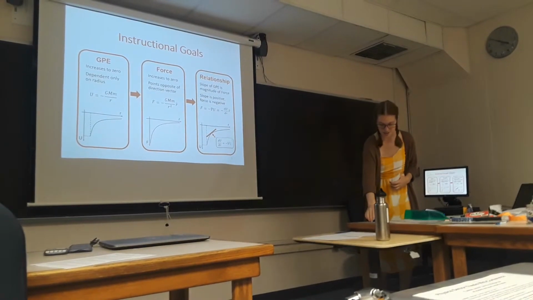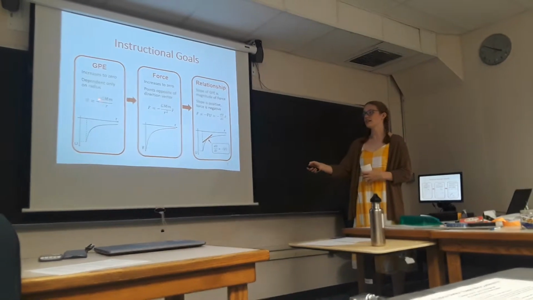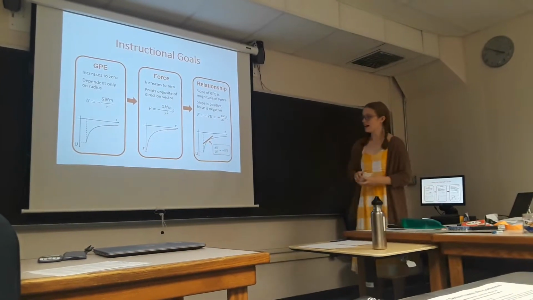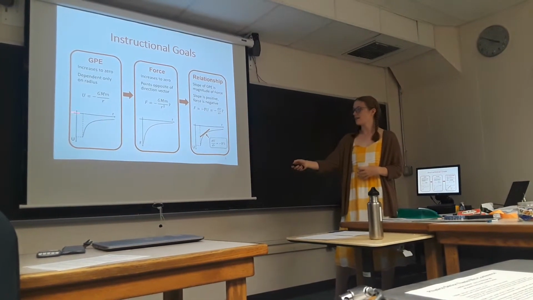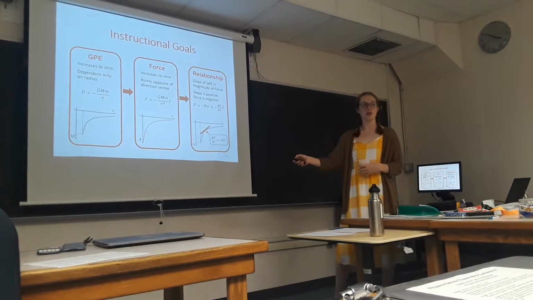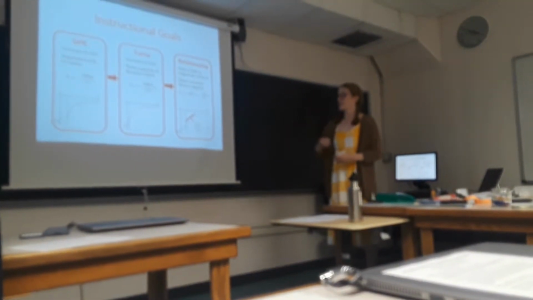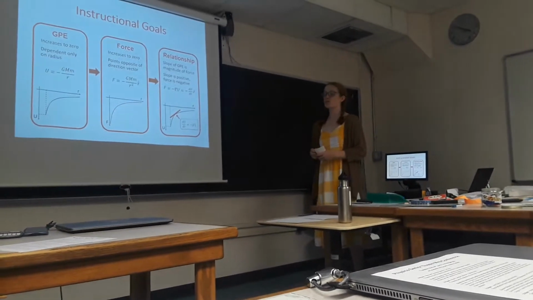That potential energy is dependent only on radius, as you can see in this, where typically we hold M and little m constant. And then I also asked students to draw this graph without this equation. They were only given the surface and a contour map.